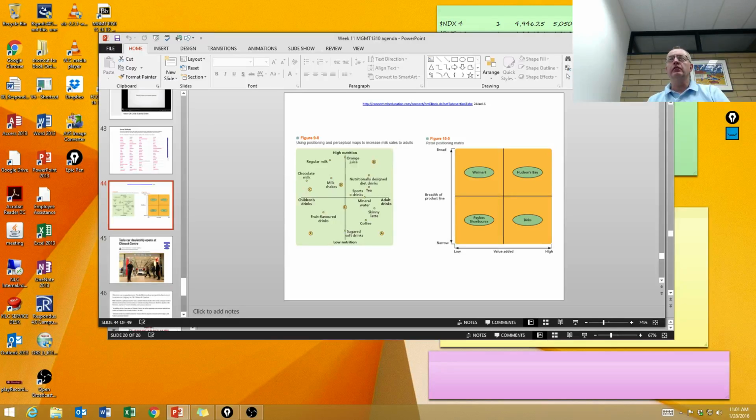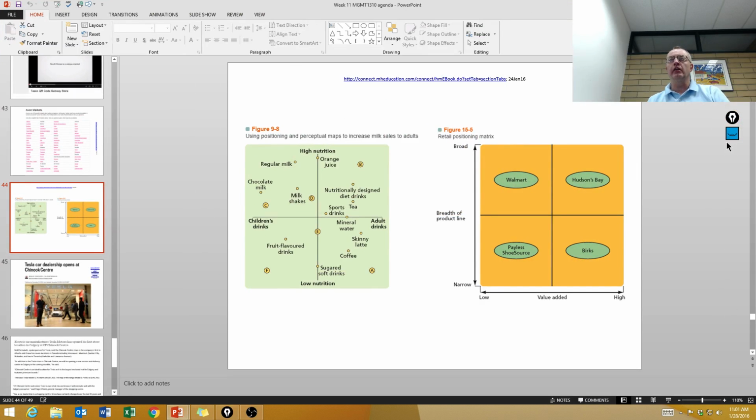Okay, a little bit harder to see, but here's our retail positioning matrix. It's kind of like our perceptual map that we saw back in chapter 9. So retailers take a couple of features of their operation, like how much value added they provide to consumers, and how broad is their product line.